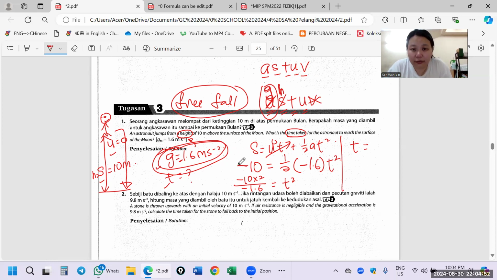If you put negative here, it's going down, and gravitational acceleration is also going down, so they cancel and become positive. 20 divided by 1.6 is 12.5, so T squared is 12.5. The answer is 3.5355 seconds. I prefer you all use 4 decimal places, at least 3.